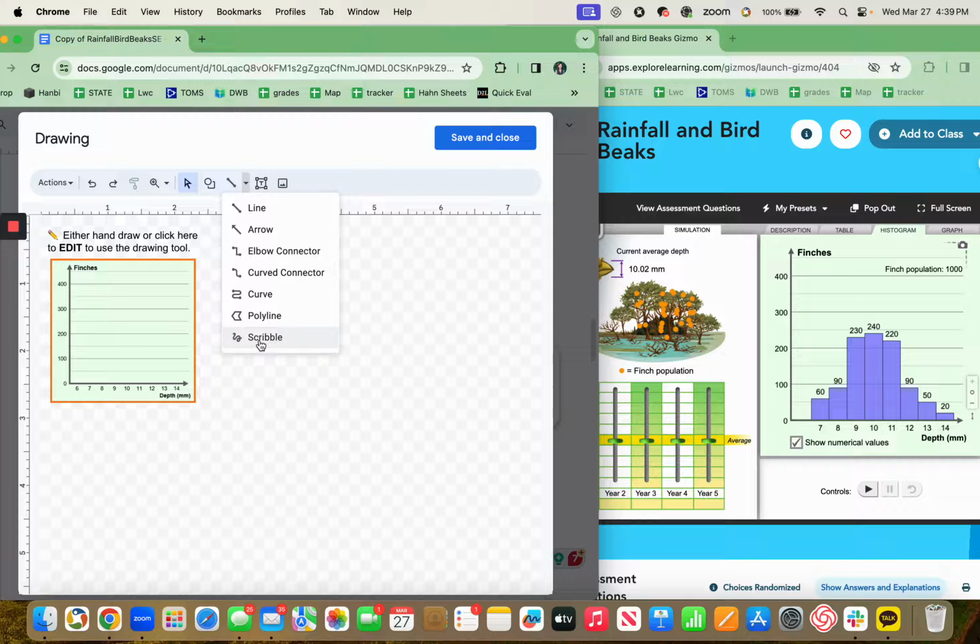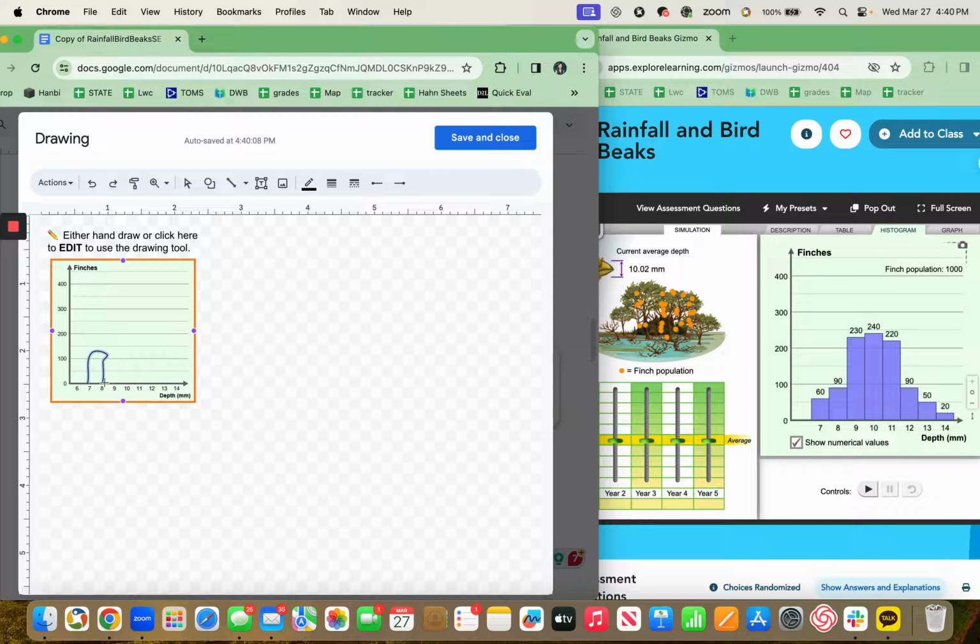If you do a scribble, then your picture might not be super great. But if you do a line, it's a little better.